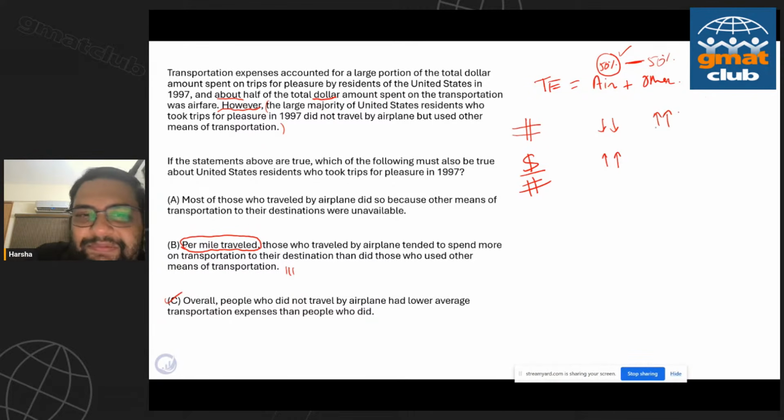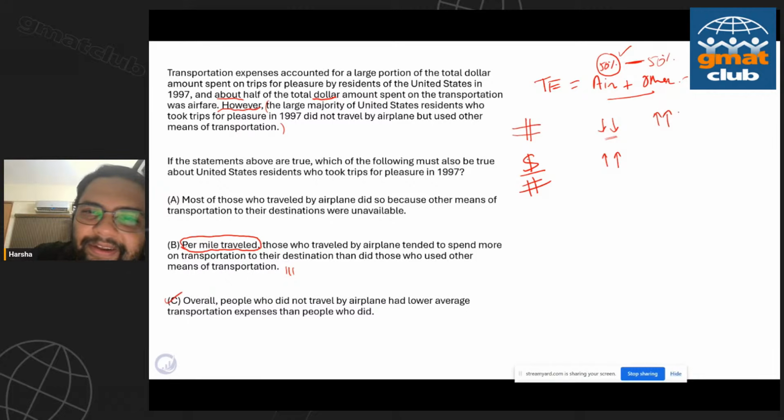So think about this. We are not even going to the choices yet. I'm just thinking about the scenario presented to me. Air and others have a 50-50 contribution: air and all the non-air travel methods. We are given that the number of people traveling by air is ridiculously small compared to the others. How then are you getting 50% equal contribution?